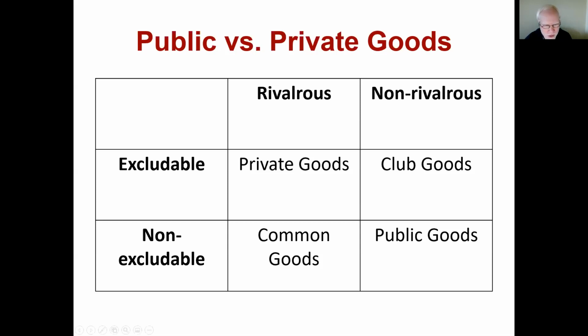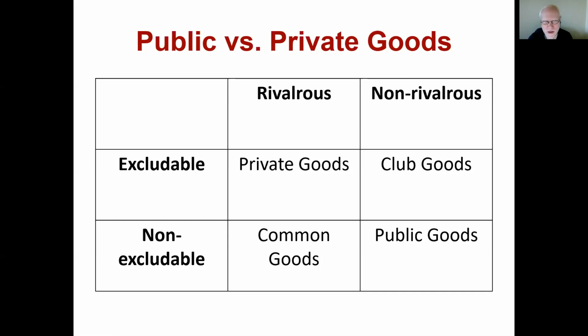Private goods are many of the products that you would own that you've bought. Taking that apple, if I've bought an apple, I can exclude you from eating it. And once I've eaten it, it's been consumed, so it's removed one apple from stock and you couldn't have it.